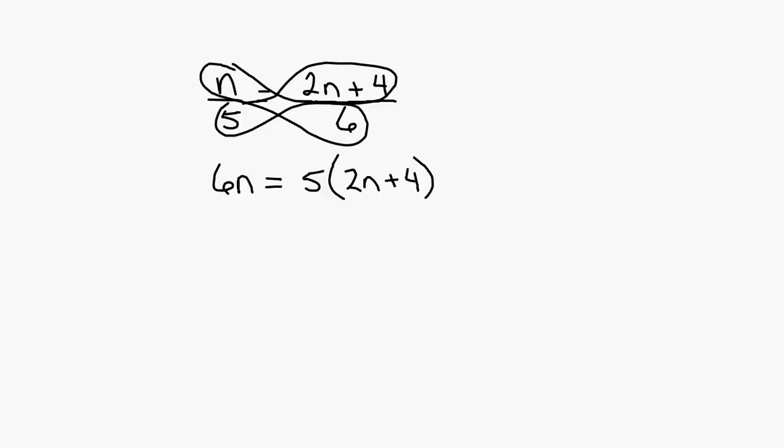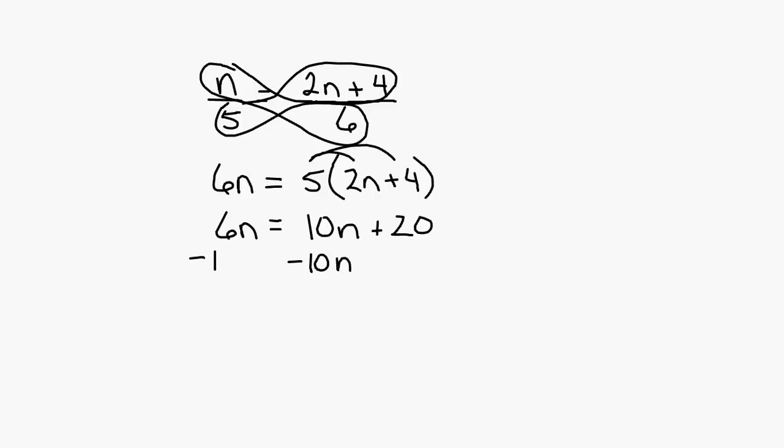So now, leave your 6n on the left and distribute the 5 on the right. So 5 times 2n is 10n. And 5 times positive 4 is positive 20. In this case, the 6 in front of the n is smaller than the 10 in front of the n, but moving the 10 will save you a step or two. So put all the variables on one side. You can subtract 10n from each side.